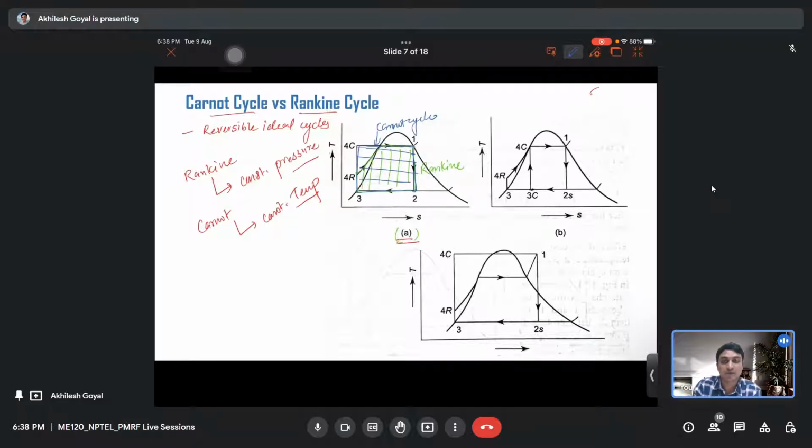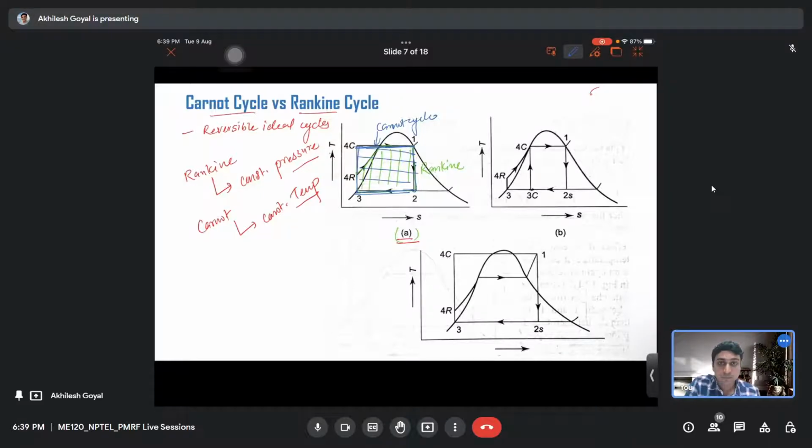Because in the TS diagram you can see that the Carnot cycle works between two temperatures, the source temperature and the sink temperature, those parallel lines. But the Rankine cycle works between two pressures, not temperatures.